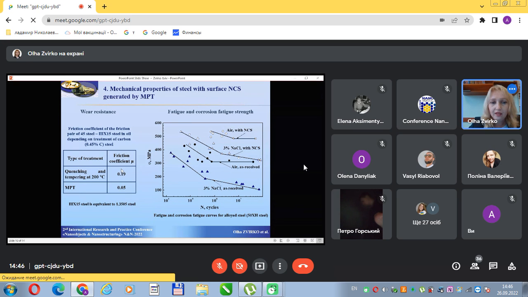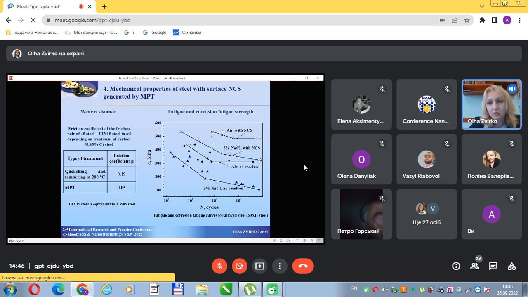And also we can see fatigue and corrosion fatigue curves for as-received material and treated material. Fatigue strength is increased almost 2 times compared with as-received material.